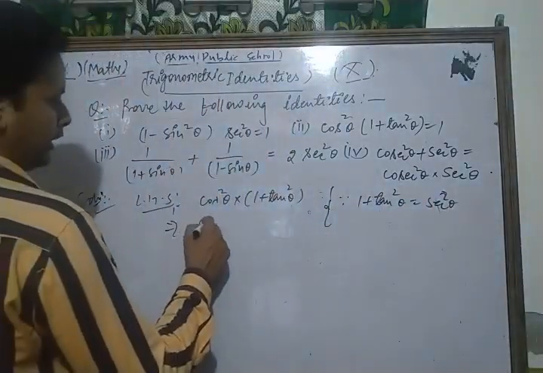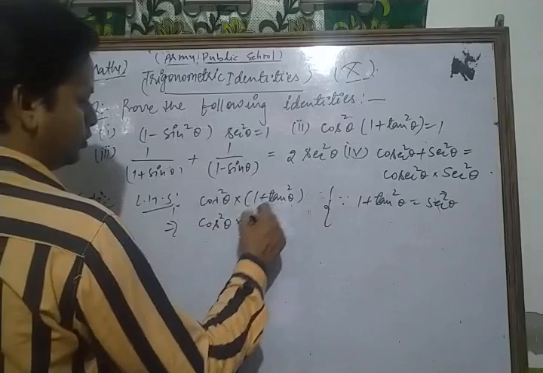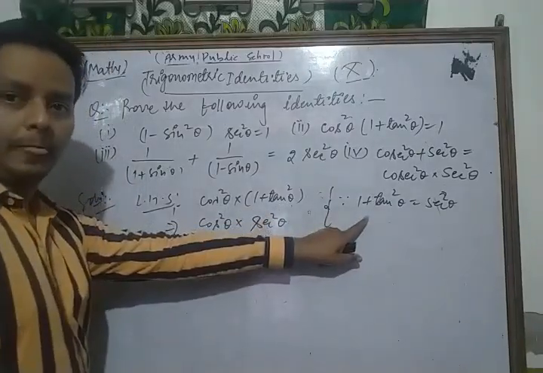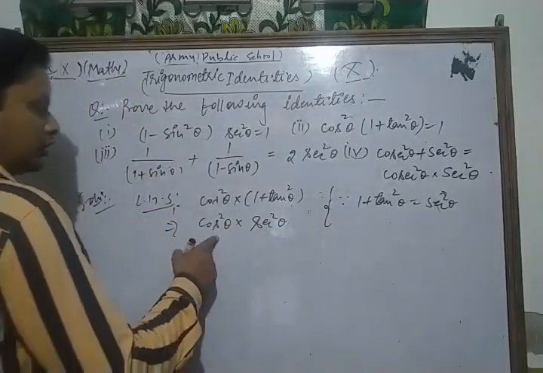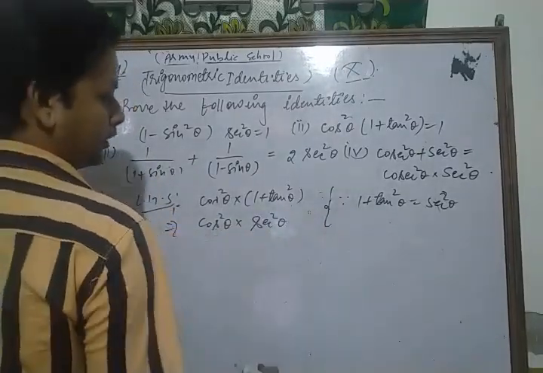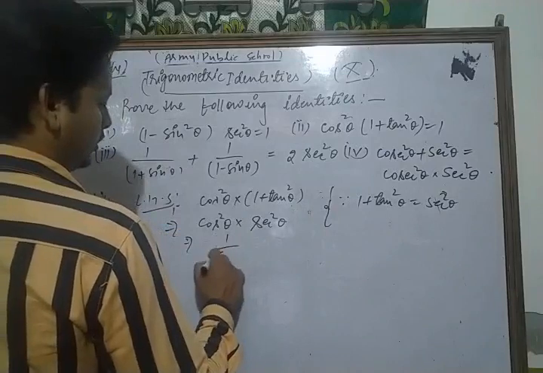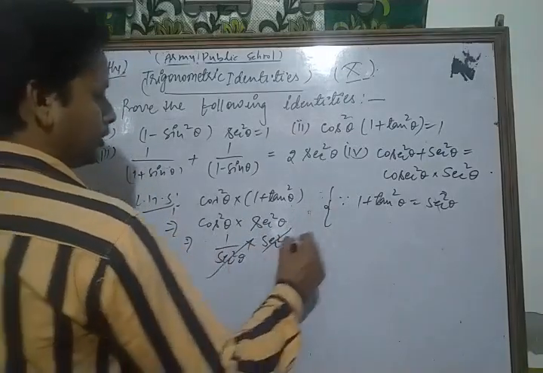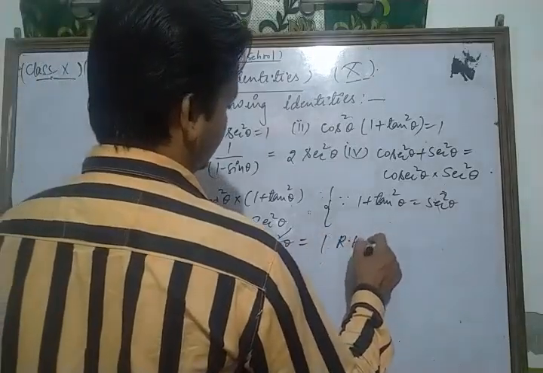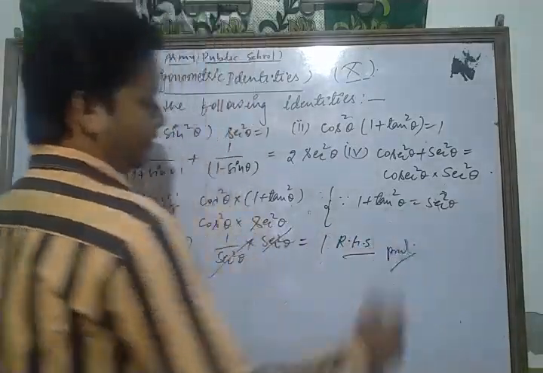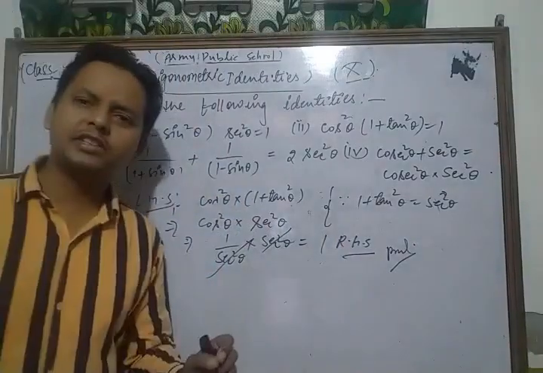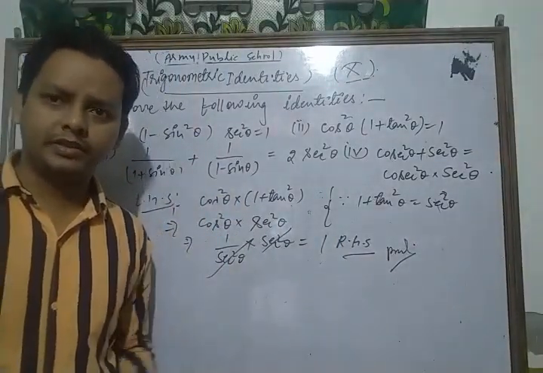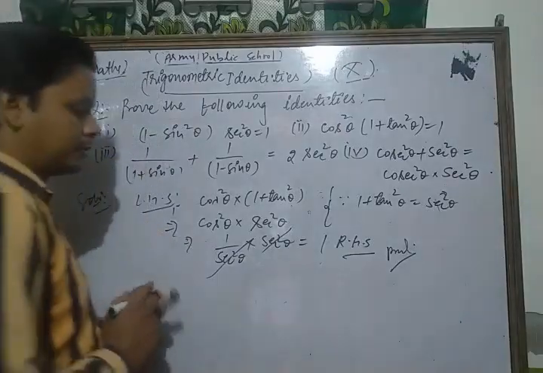So we write cos square theta into sec square theta using that identity. Now you know that cos theta is equal to 1 upon sec theta, so we write 1 upon sec square theta into sec square theta, this is cancelled, so we get 1. This is your RHS. Hence proved. This is a very easy question. So please learn all the identities first and solve in a very easy way. Now we take and solve the next part of this question.